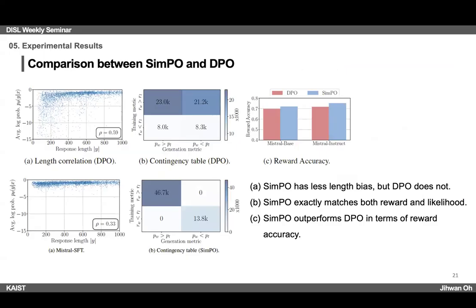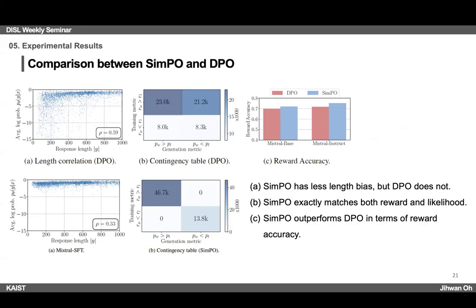And this slide directly compares SimPO and DPO in three aspects. First, length bias, second, reward generation alignment, and third, reward accuracy. First, plot A shows the correlation between response length and generation likelihood.